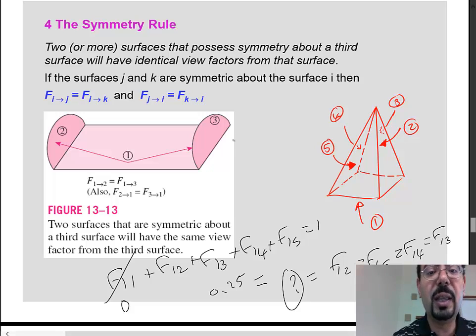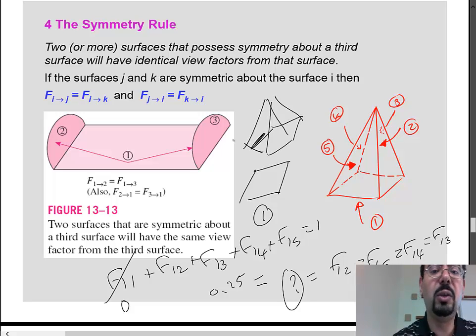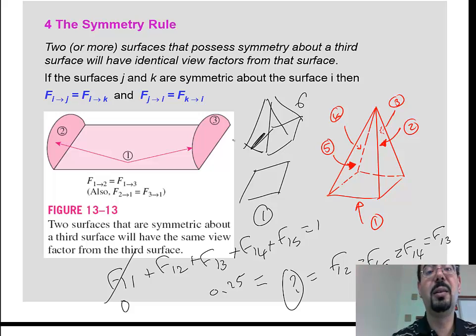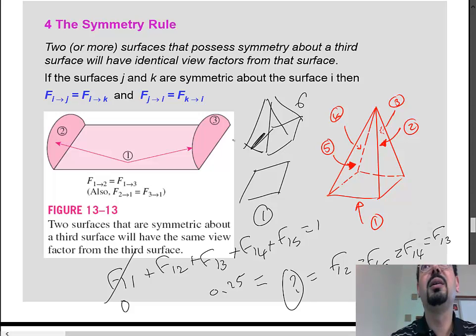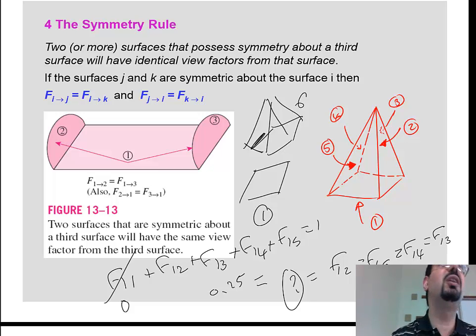We can just think the problem is between a surface 1 and another surface on top of it that's called, I don't know, surface 6, let's call it 6. In this case, of course, F16 is equal to 1, excellent. All the radiation leaving 1 will go to the surface that's enclosing it, which is 6.